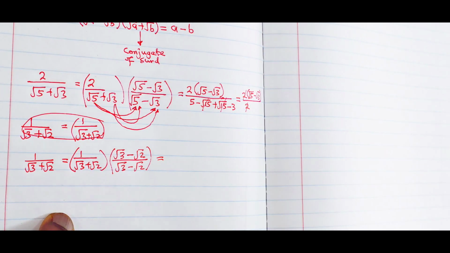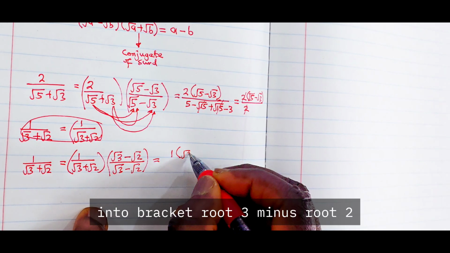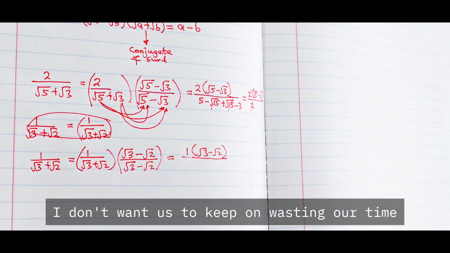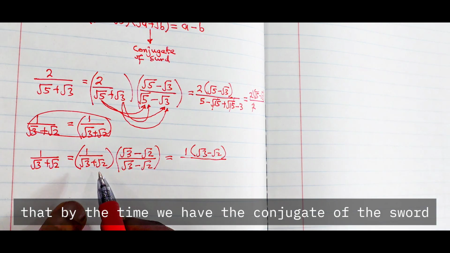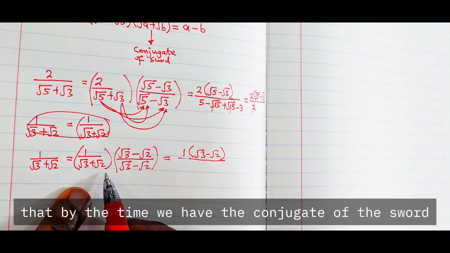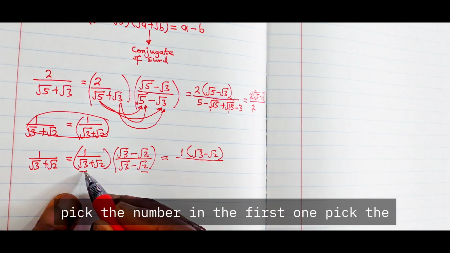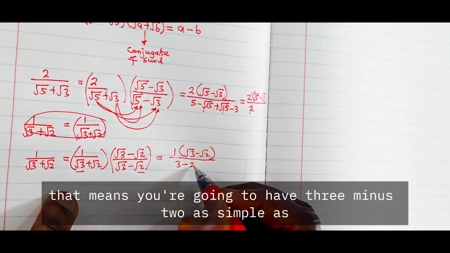So in that way, what are we going to have? We're going to have 1 into bracket root 3 minus root 2. On top of this, I don't want us to keep on wasting our time. We should now know that by the time we have the conjugate of the surd, just pick the first one and pick the last one. Pick the number in the first one, pick the number in the last one. That means you're going to have 3 minus 2. As simple as that.